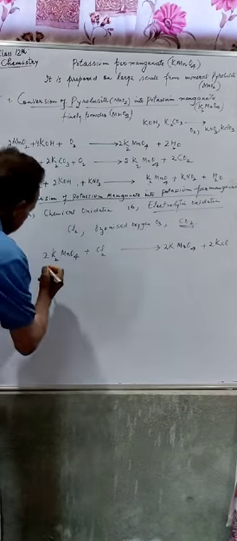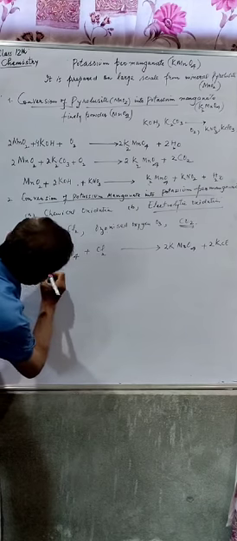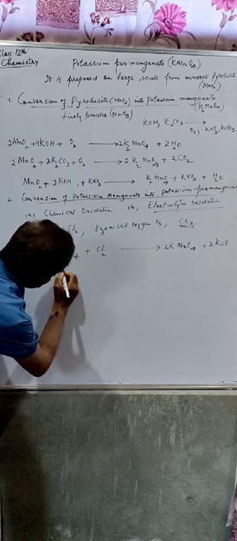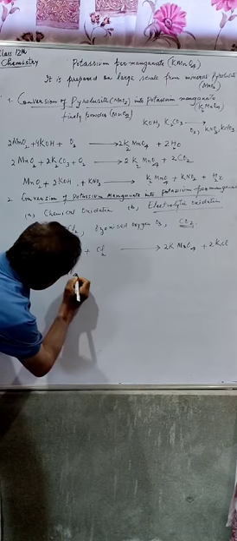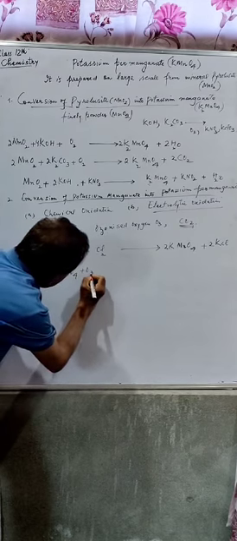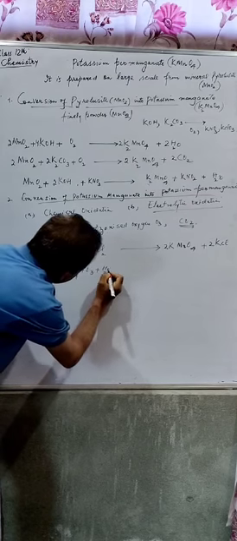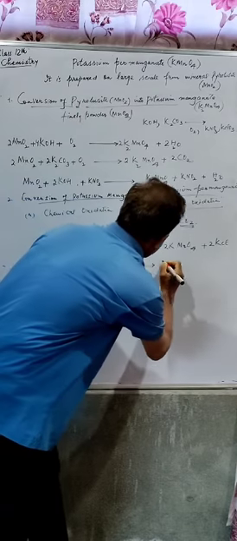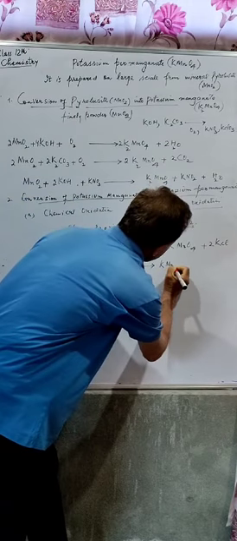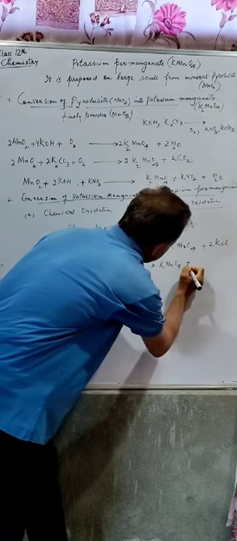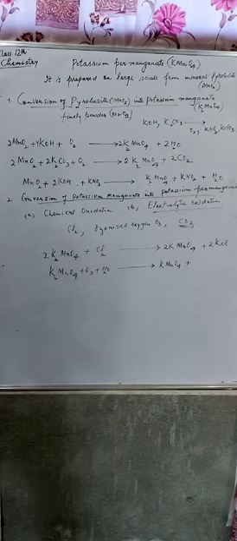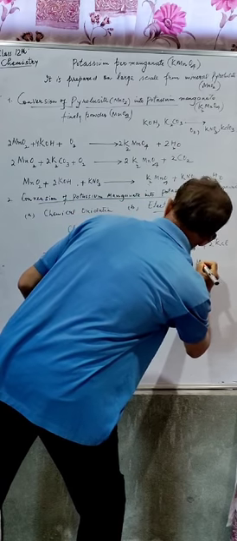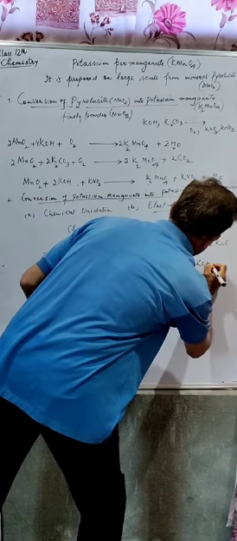Or it is also oxidized by bubbling ozonized oxygen through K2MnO4 in presence of water. It forms KMnO4 plus KOH.